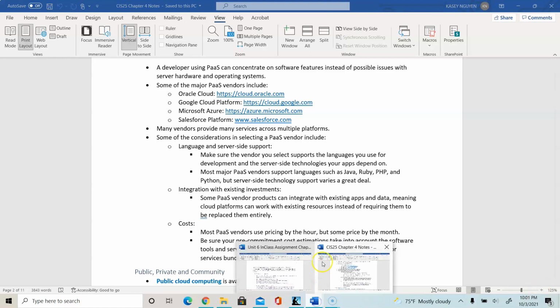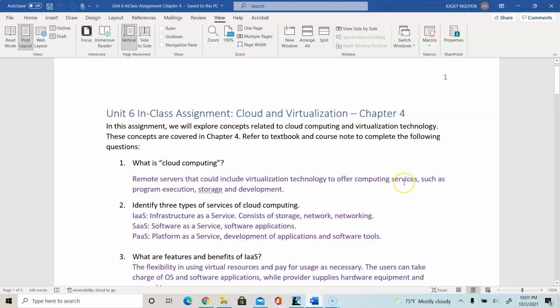So to answer the questions for the Unit 6 assignment, it asks you to define cloud computing, and these are remote servers that could include virtualization technology that offer computing services such as program execution, storage, and development. For the second question, it asks you to identify 3 types of cloud computing.